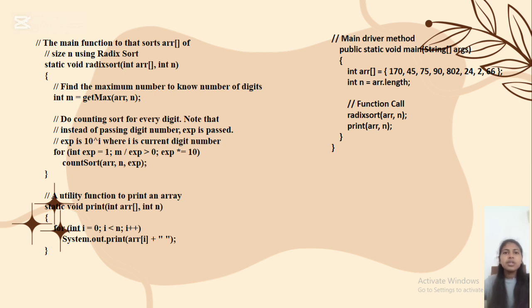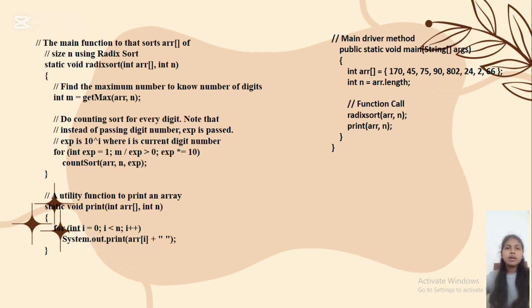Now I'm going to explain the main method, the main entry point of the program. In the main method, first of all, it initializes the array to be sorted. Here, there are 170, 45, 75, 90, 802, 24, 2, and 66.